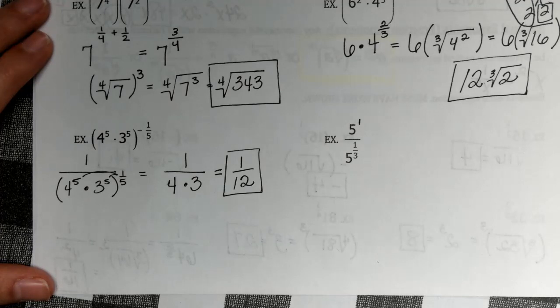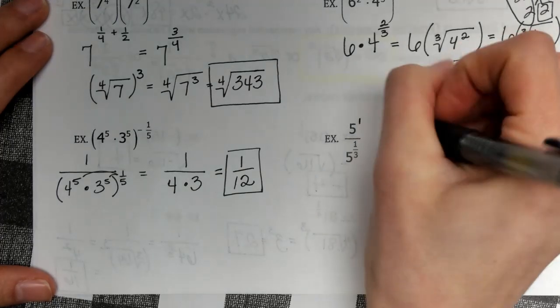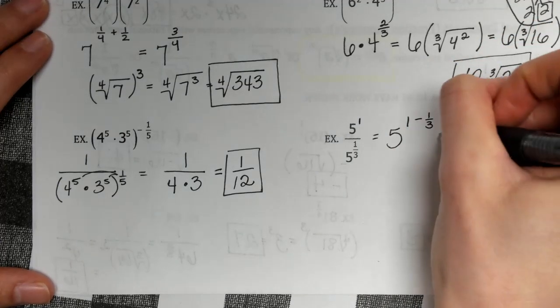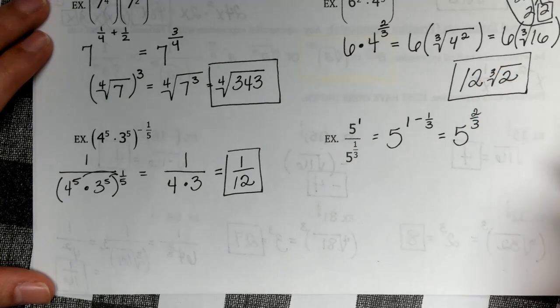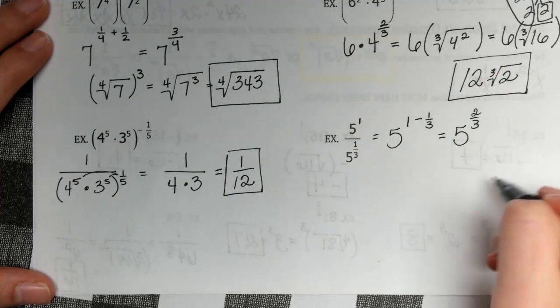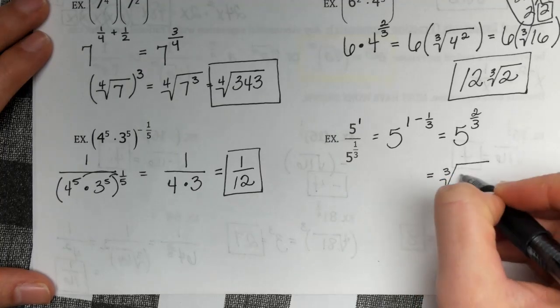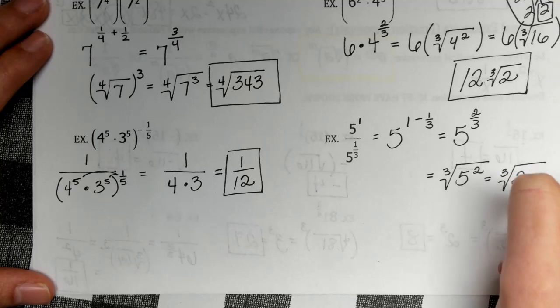I'm not rewriting. I need to use my properties. I divide like bases, so what am I doing with my exponents? 1 minus 1/3, which is 5 to the 2/3. Then I can rewrite it to be the cube root of 5 squared, which is just the cube root of 25.